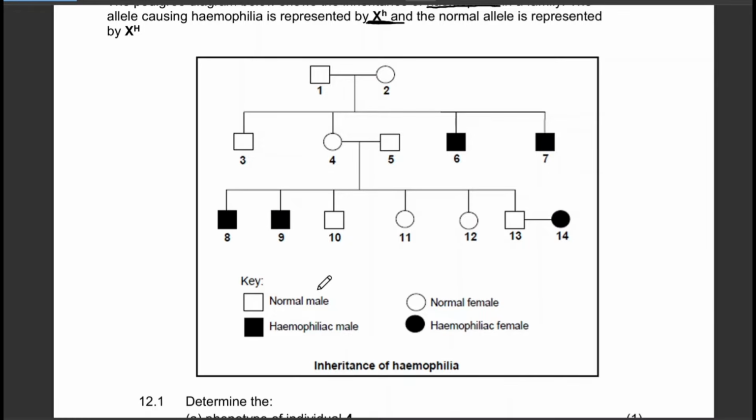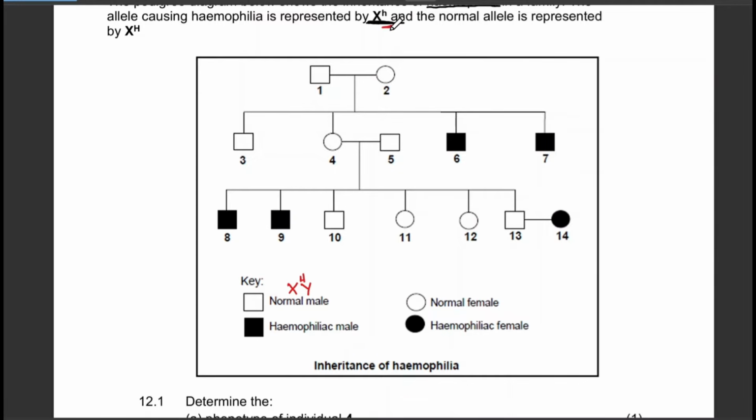So what we know is that these alleles are carried by the X chromosome and not necessarily the Y chromosome. So if we come here to the key, and I'm going to change my color. For a normal male, the chromosomes for a male are X and Y, right? And a male that is normal will need to be carrying the capital letter H because this particular condition is controlled by the recessive allele.